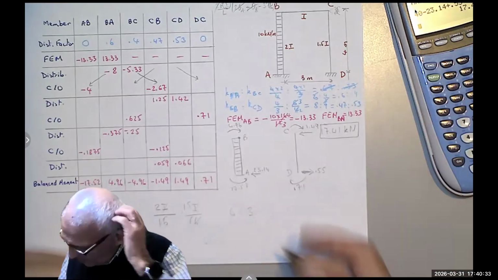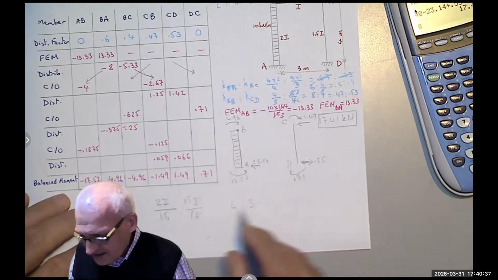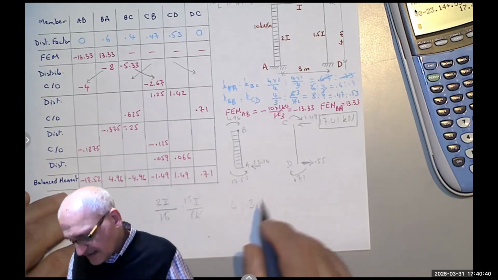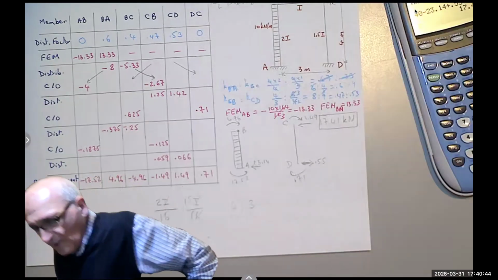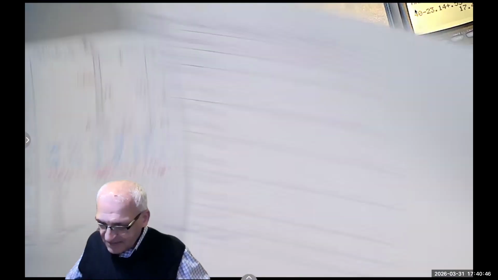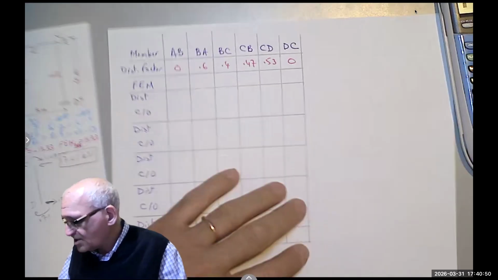Some people would always pick one of them to be 100. So if I pick this as 100, this would be 75, or this is 100 and that's 133.33, whatever. It really doesn't matter. The most important thing is the ratio.